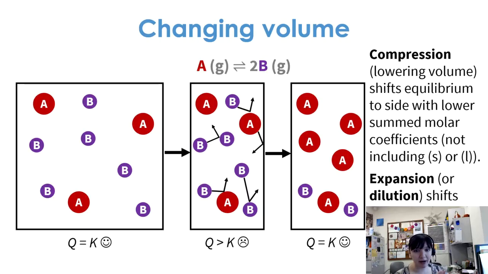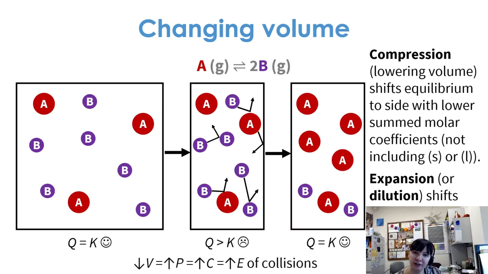After compressing my box, I basically have a lot more collisions happening because the particles are much closer together. And so it made sense that the B particles that are in there would instead combine back together to make A, because then we just have a fewer number of particles actually bumping into each other.